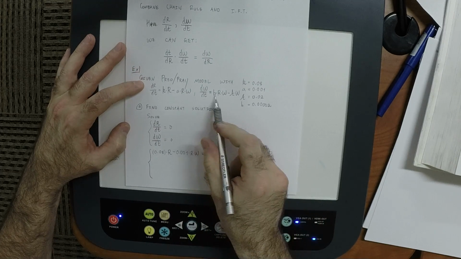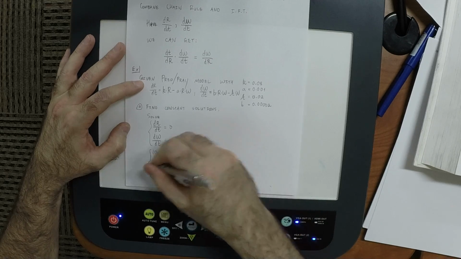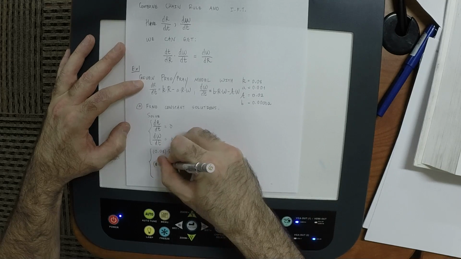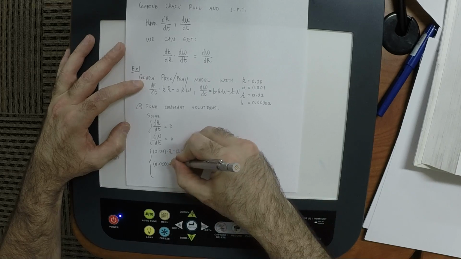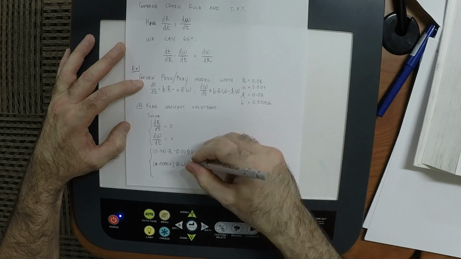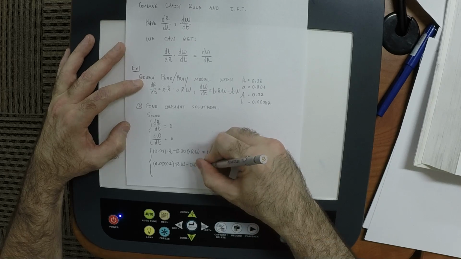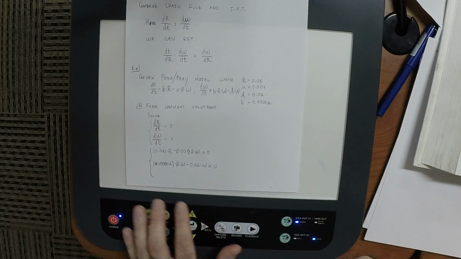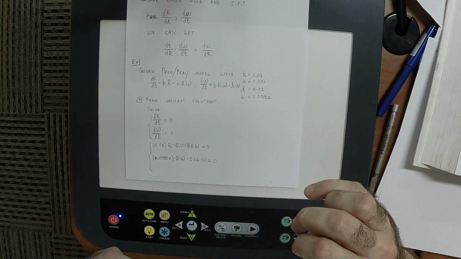And we'd also have that crazy number there, 0.402RW minus 0.02W is equal to 0. All right. So we want both of these equations to be 0 at the same time.